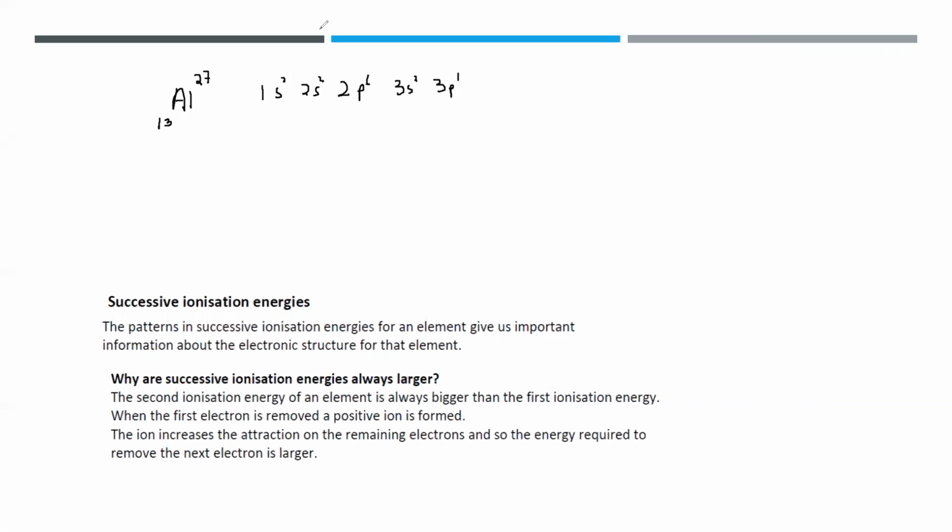But when you remove an electron, the electron is always removed from the last shell. So the first electron which is removed is from 3p.